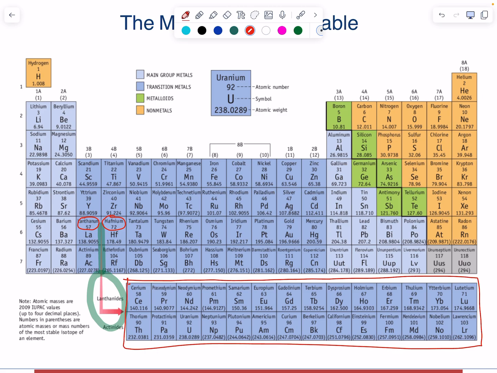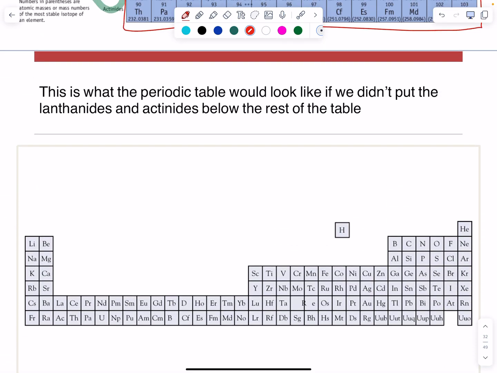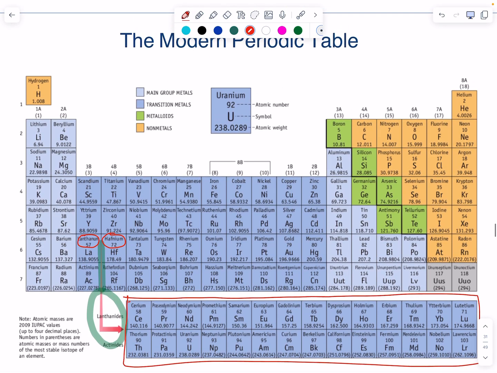So this is what the periodic table would look like if all those elements were just laid side by side. We'd have this really wide periodic table. So the rules for these elements in terms of periodic table organization still apply.